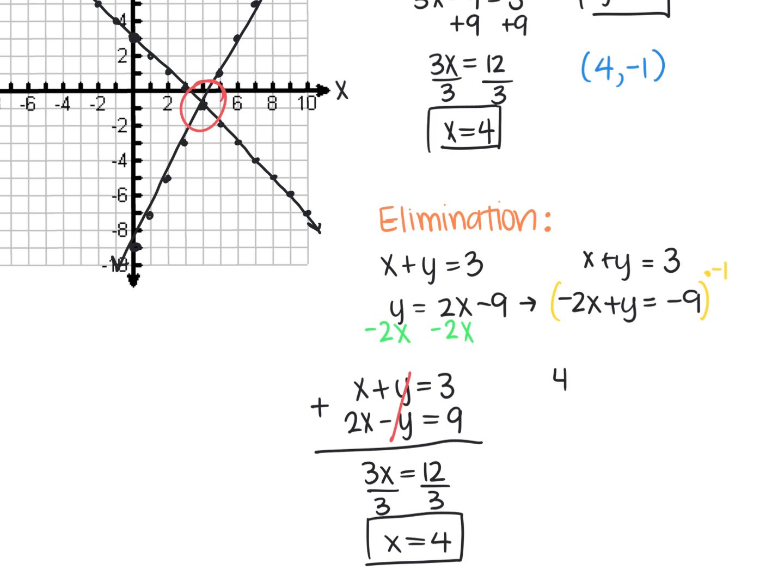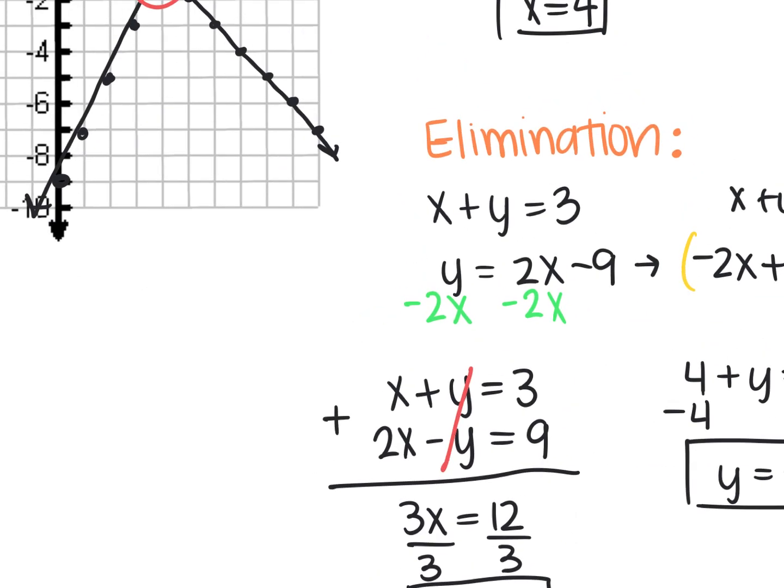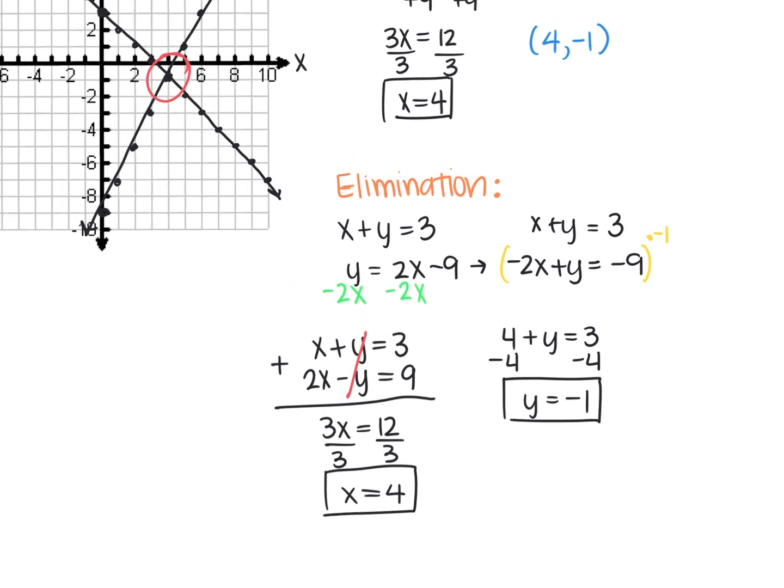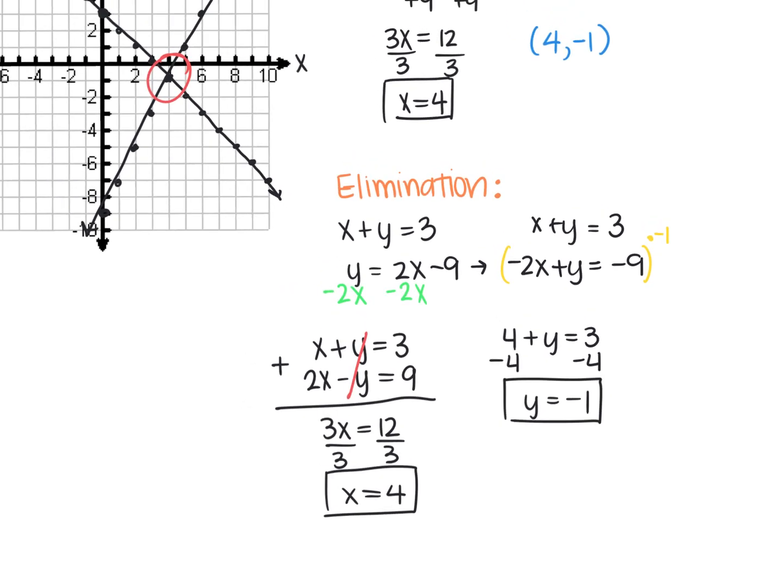So we have 4 plus y equals 3. Then you subtract 4, and you get y equals -1. So again, I got the exact same answer as the previous two, which as a point is (4, -1).